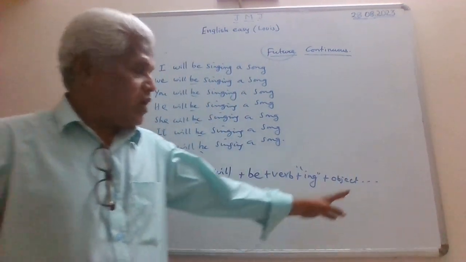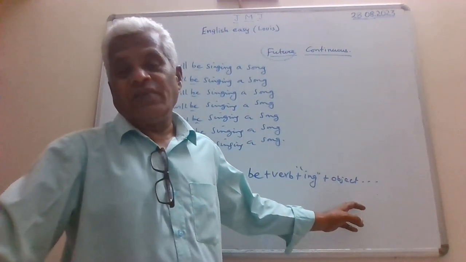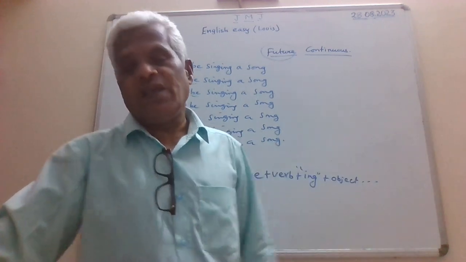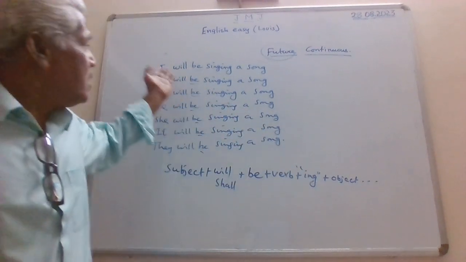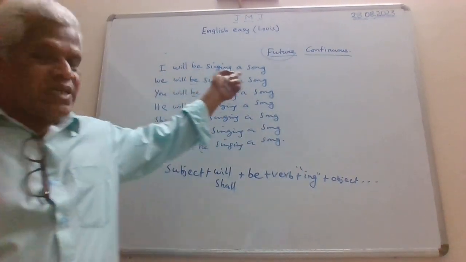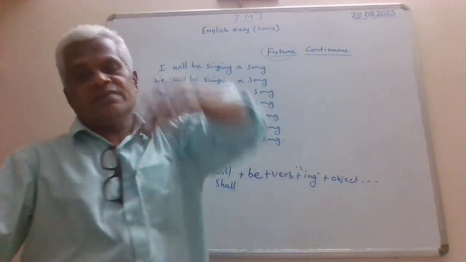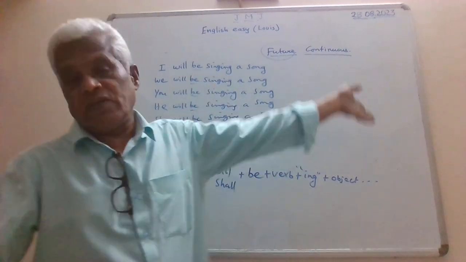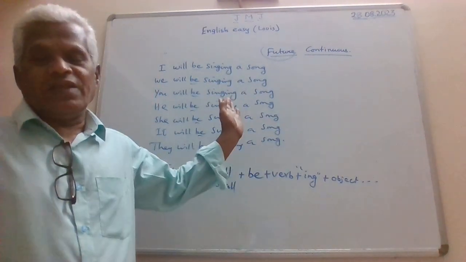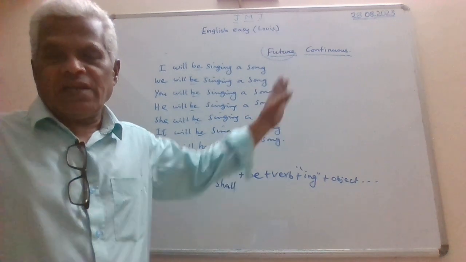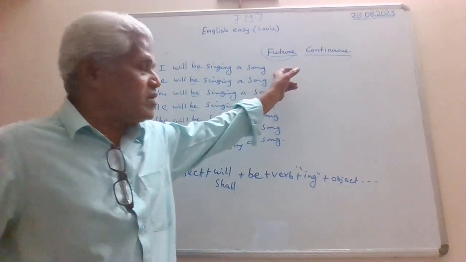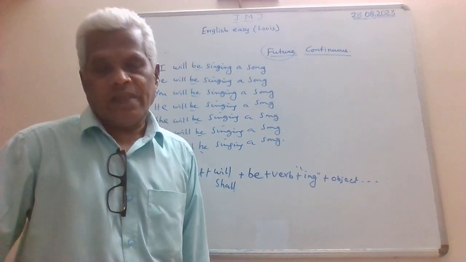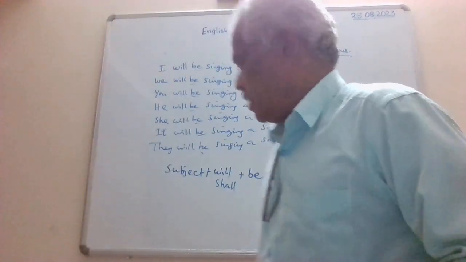Now why do I say and the rest? After writing the object, it may have the continuation of the sentence also. For example, I will be singing a song every day. I will be singing a song throughout the night. So after writing the object, additional information can be added there. That's why I said rest.